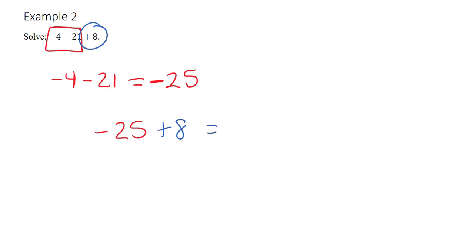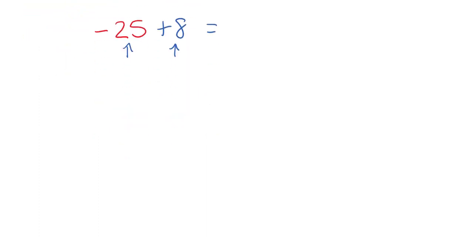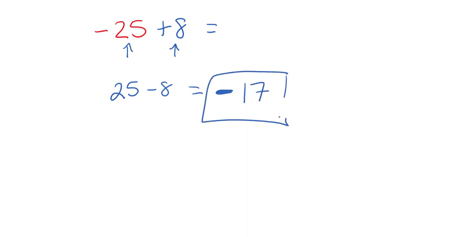So we're going to do the second part. I'm going to use a trick where I think of this as positive and this as negative. So if we go 25 minus 8, but we're going to keep the negative sign. Well, 25 minus 8 is 17, and because we're keeping the sign, it's -17.